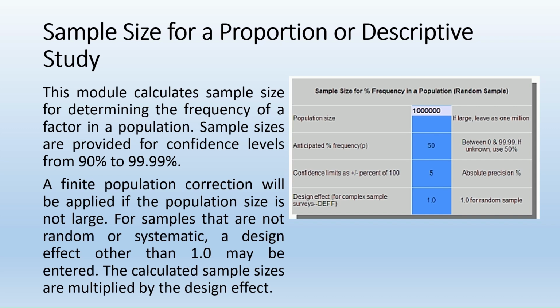A finite population correction will be applied if the population size is not large. For samples that are not random or systematic, a design effect other than one may be entered. The calculated sample size is multiplied by the design effect.